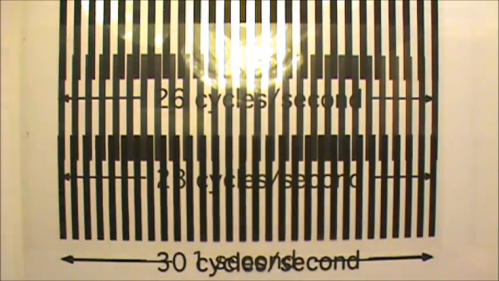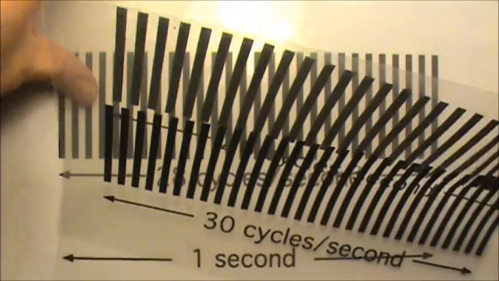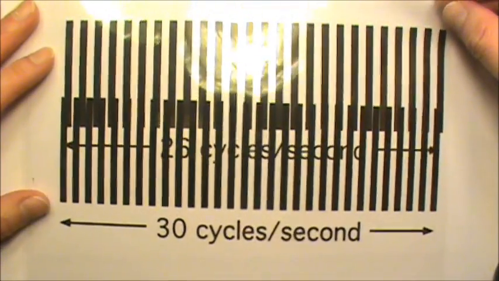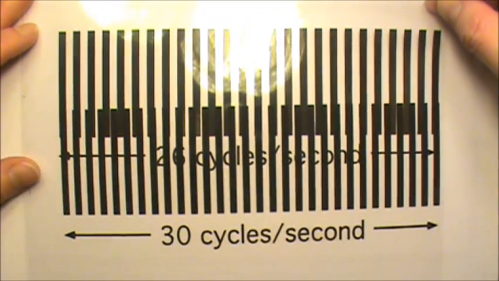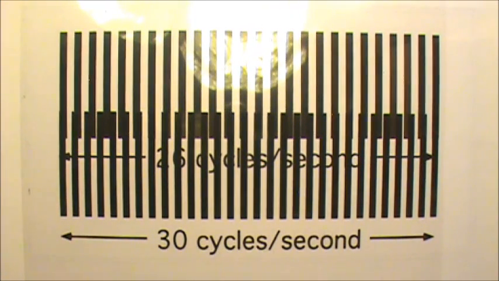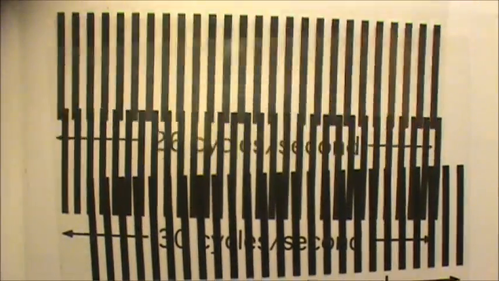And let's try 26 and 30. So if I remove the 28, now I have 26 and 30 over here. What beat frequency do you expect? We should expect, see, 4 beats every second. And let's see, I have a 25 over here.